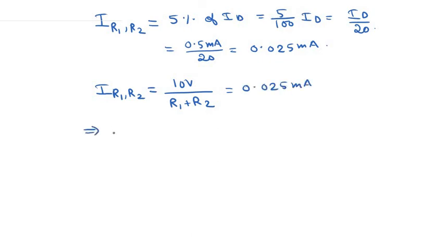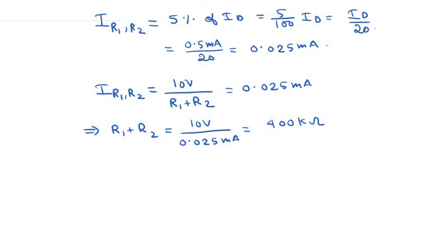From this equation we get R1 plus R2 equal to 10 volts divided by 0.025 milliamperes, which is 400 kilo ohms.